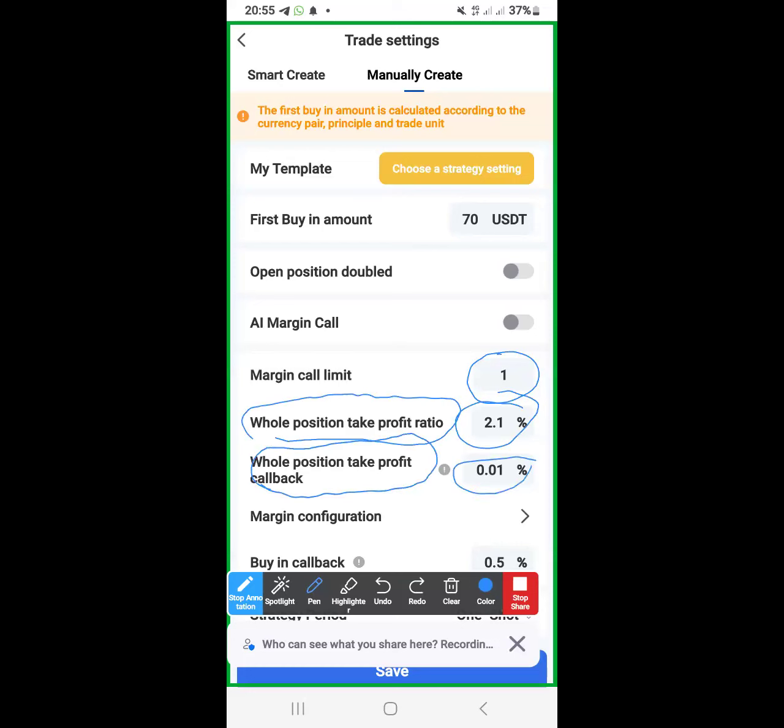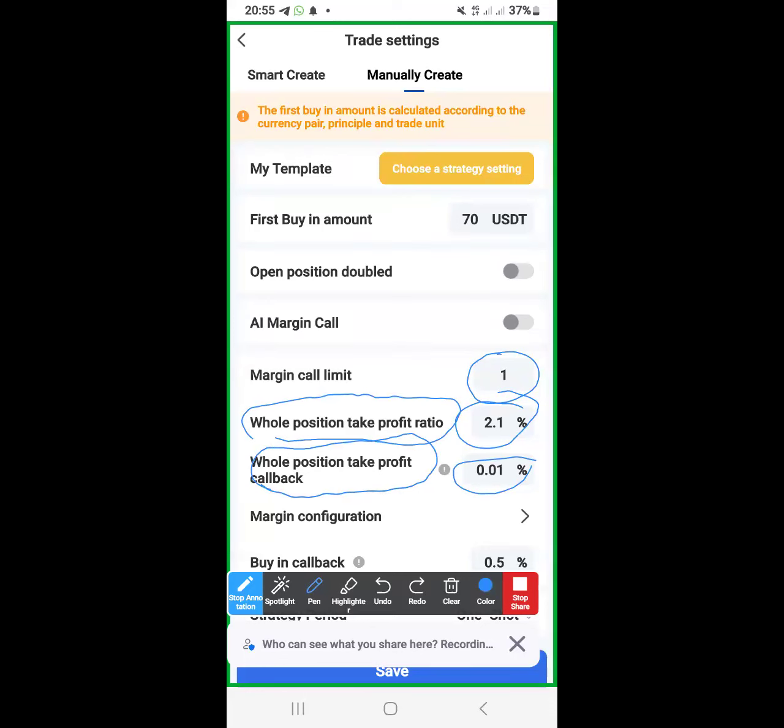Now, this is the part I want to explain a little bit. The whole position take profit callback works in this manner. Number one, remember the robot has been set in such a way that it is supposed to give you maximum profit as possible. So its work is to monitor the market and make sure that it gives you maximum profit.